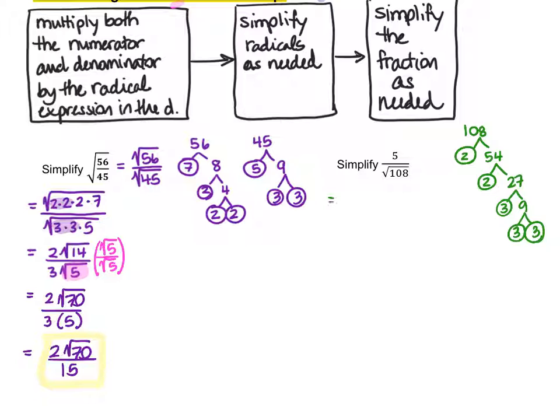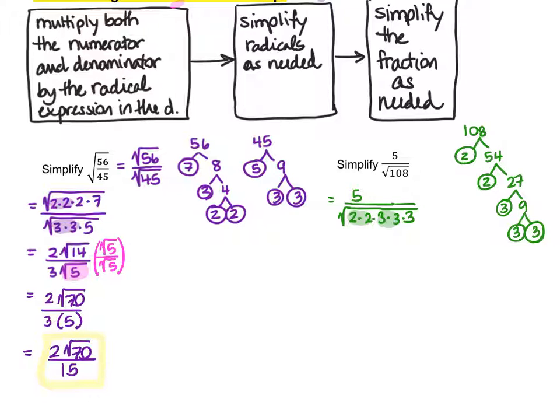So we're going to rewrite this as 5 divided by the square root of 2 times 2 times 3 times 3 times 3. So once again, we're looking for pairs so that we can simplify first. We have a pair of 2's and we have a pair of 3's.